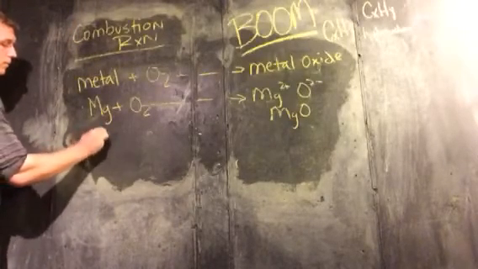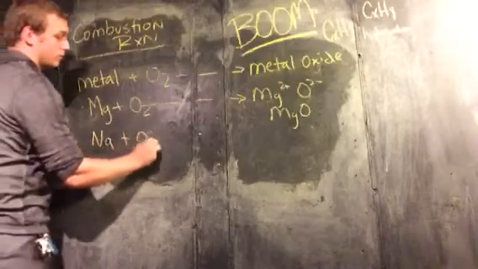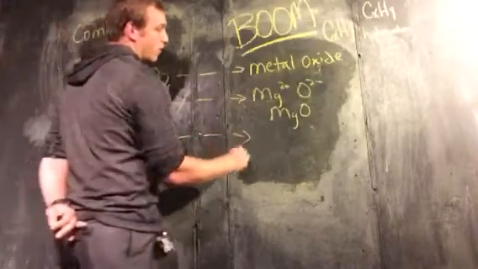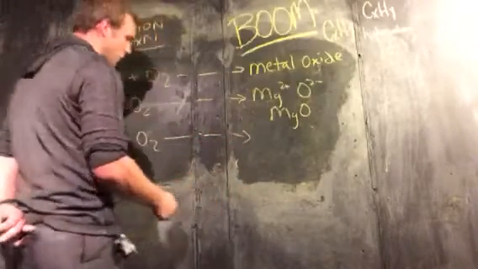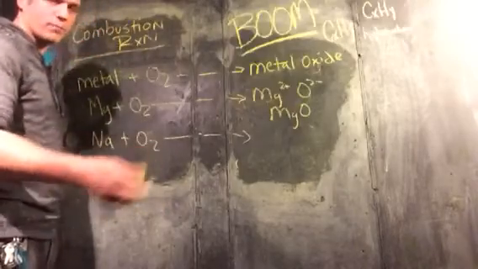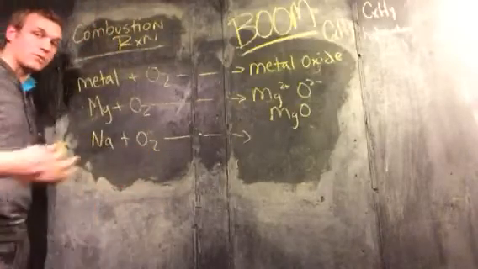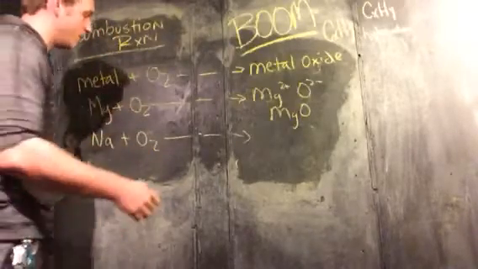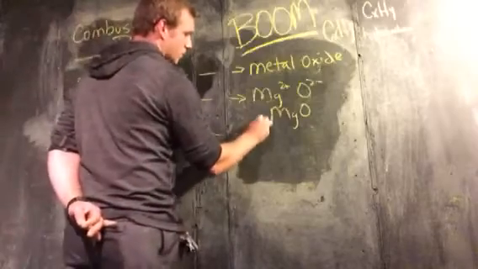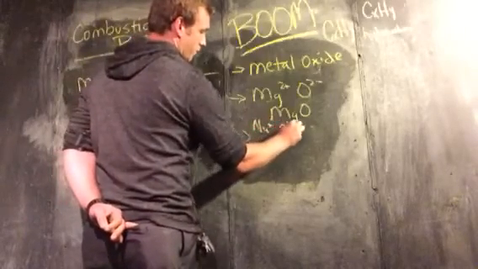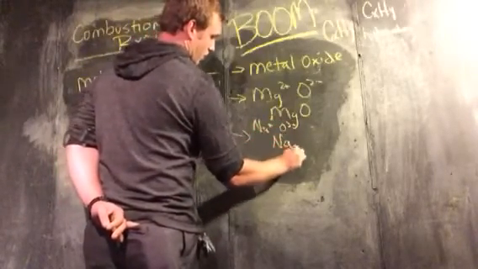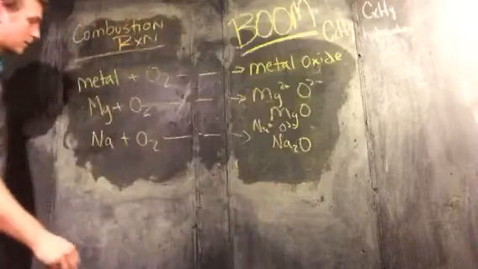So let's look at another example. Let's do sodium plus oxygen. When you burn it, now this one's not going to happen very often. Sodium's a very soft metal that actually is going to react very, very quickly with the environment. But it's fine. You crisscross it. Na2O. Let's look at iron.